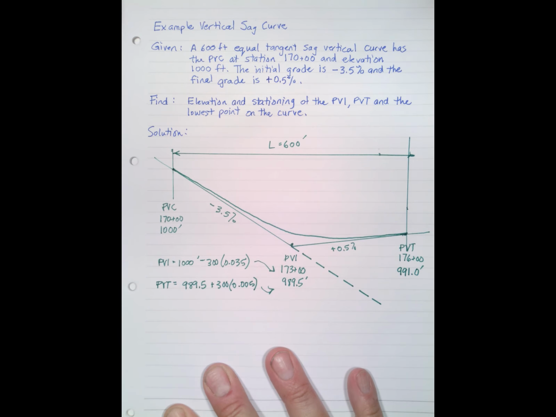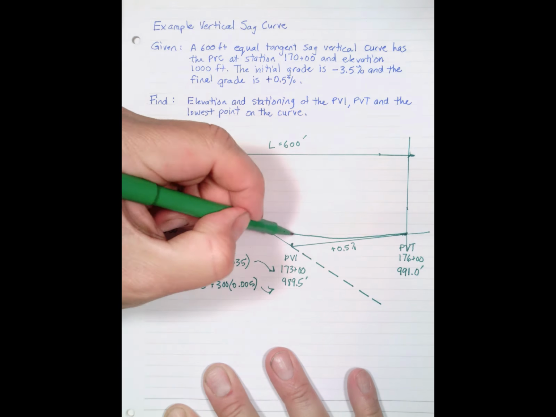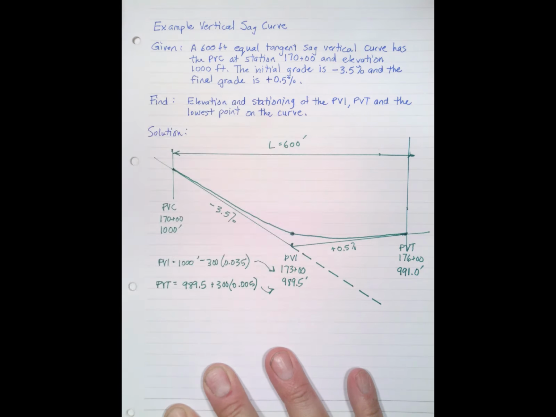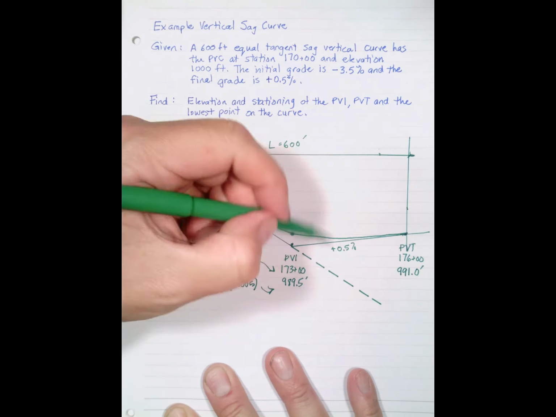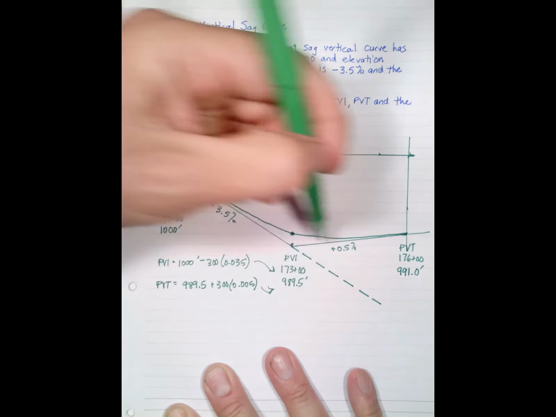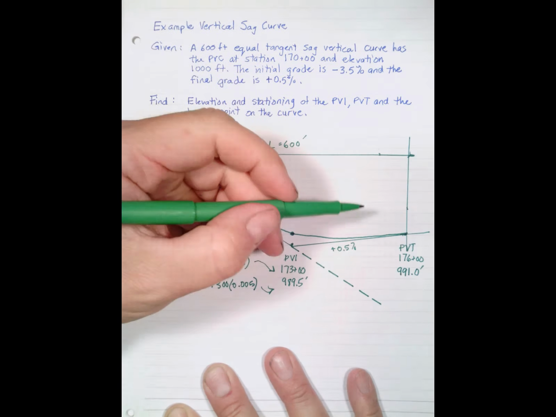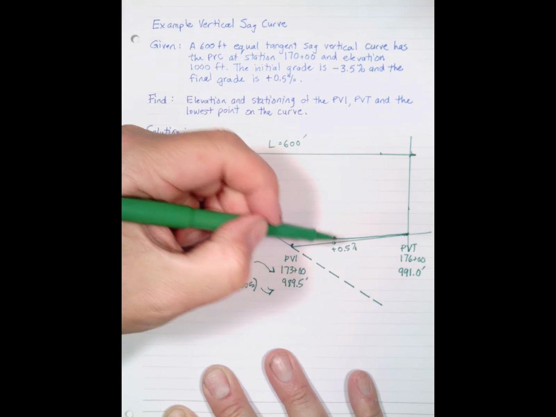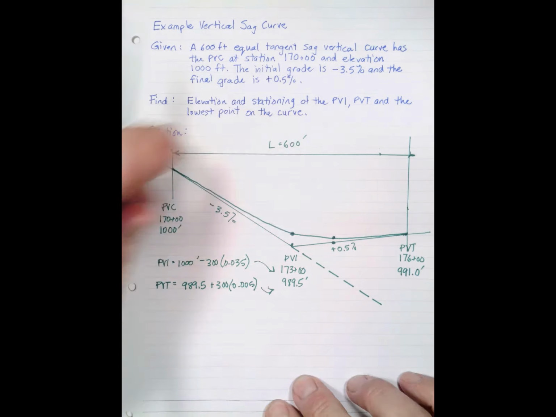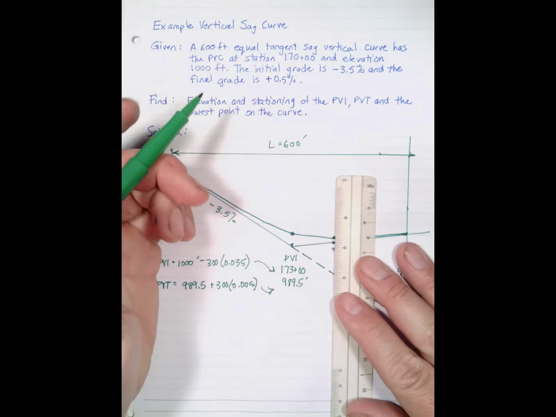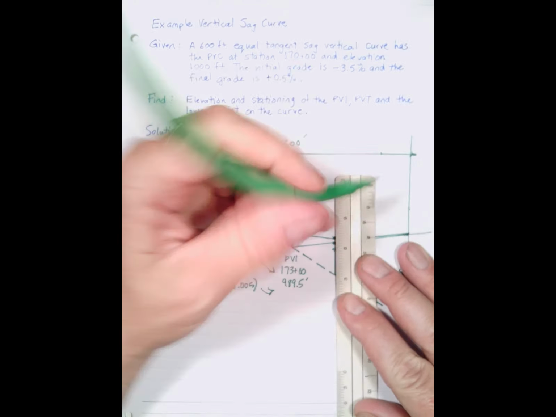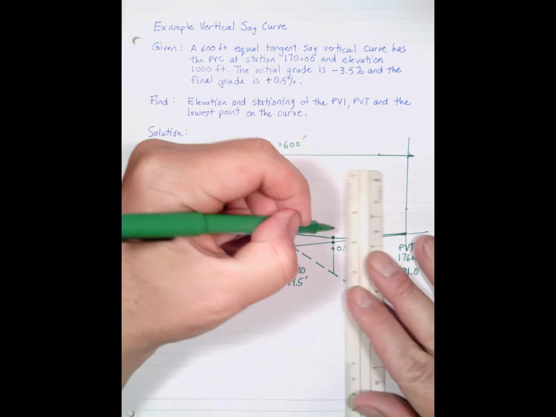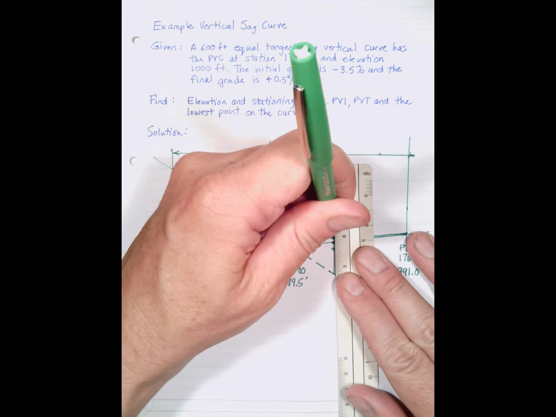We want to find the elevation on the curve at the PVI, and then we want to identify over here on the right, the low point is going to be over here. So we want to identify the station for that, and then we'll calculate the offset, which is going to be this distance.